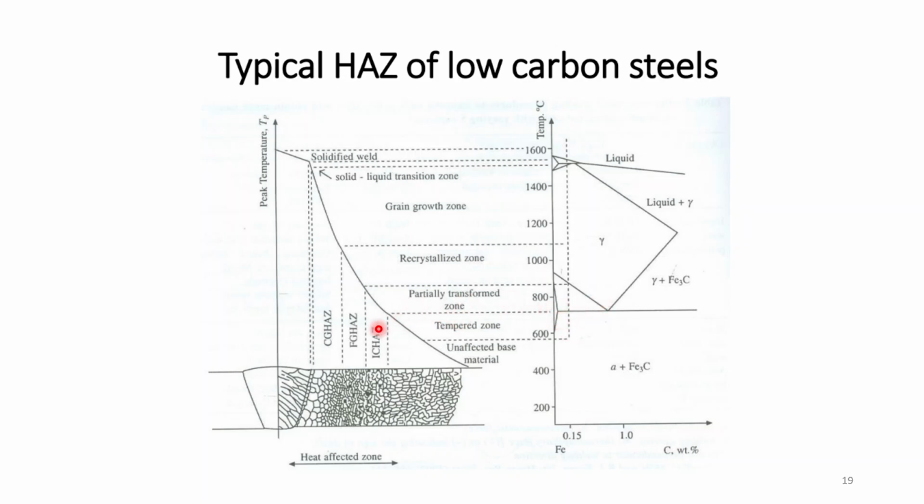So as you move to this side you will have these various zones: grain growth zone, recrystallization zone, partial transformation zone, tempered zone and unaffected base material. Okay, so based on that, the coarsening will be here. So the crack initiation is mainly in these portions where you have coarsened grain size.